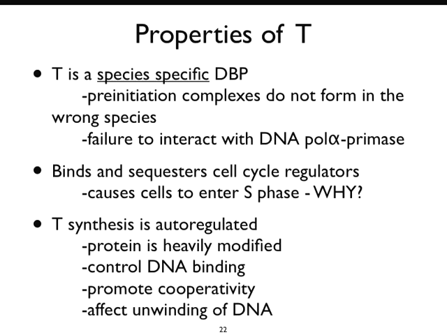So there are 6 T molecules in each active replication fork complex. And it is this cooperativity and protein modification that affect unwinding of DNA, opening up the helix. And the best work on this has been done actually by Carol Prives here in the biology department.